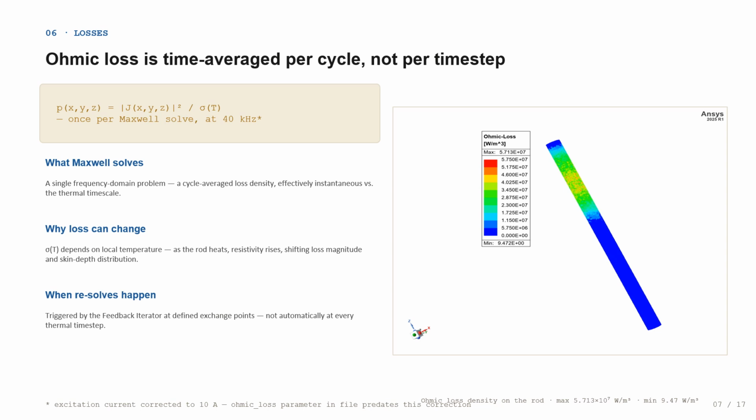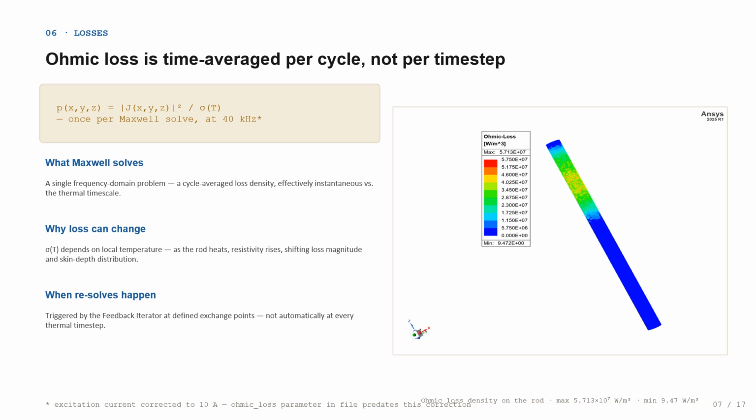Three things are worth dwelling on. First, what Maxwell is really solving is a single frequency domain problem, so its output is a cycle average loss density. For all practical purposes, instantaneous compared to the much slower thermal timescale over which the rod actually heats. Second, this loss can still evolve over the course of the simulation because sigma of T depends on local temperature.